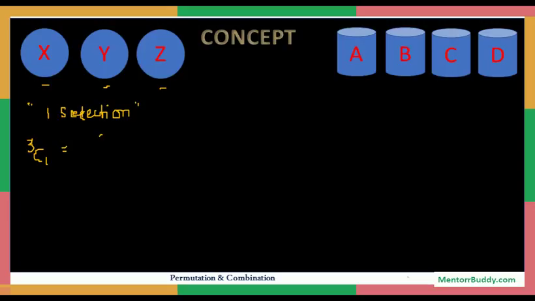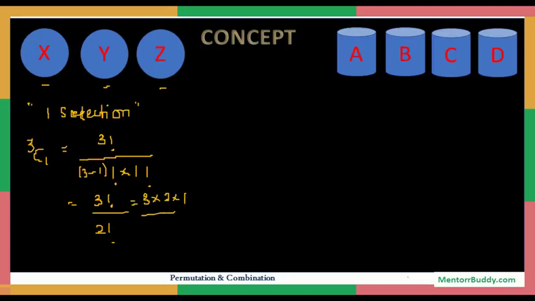So 3C1 becomes 3 factorial upon (3 minus 1) factorial into 1 factorial, which is 3 factorial upon 2 factorial. That is 3 into 2 into 1 upon 2 into 1. Solving this, the 2 is ruled out and we are left with only 3. So in three different ways we can select one object out of these three objects.